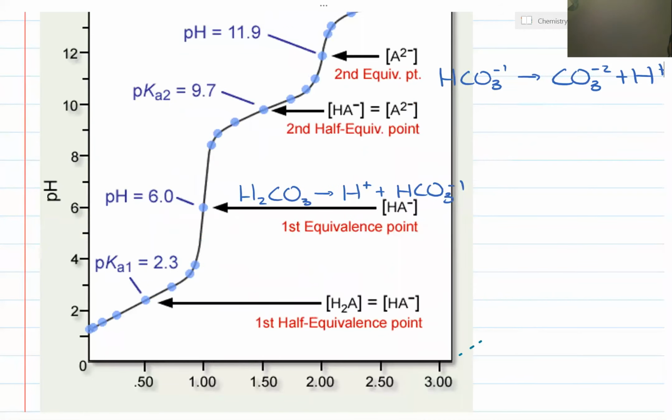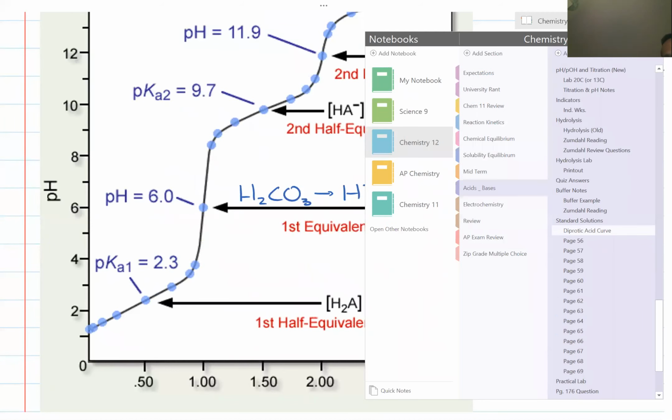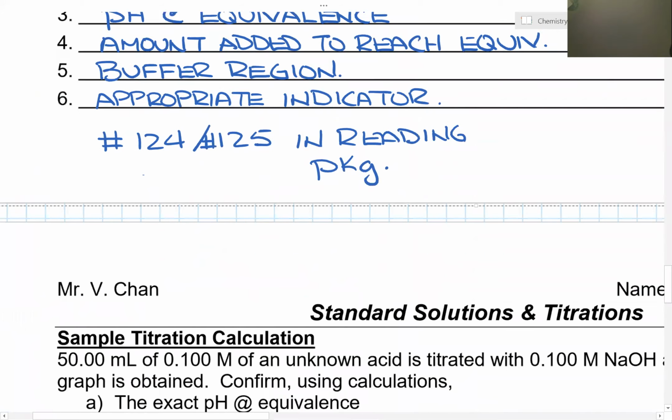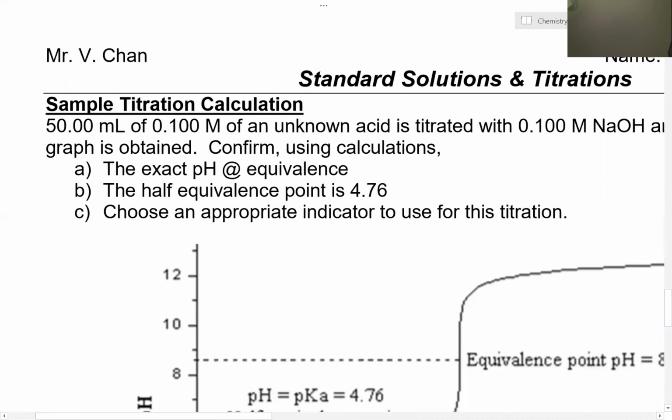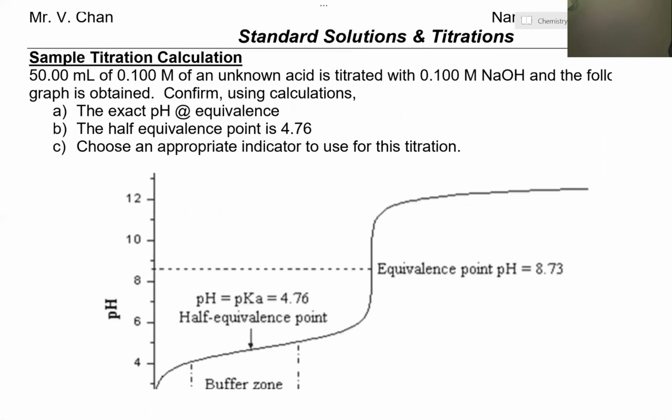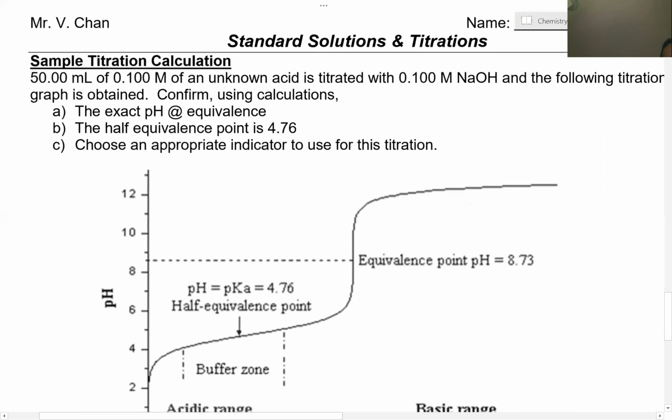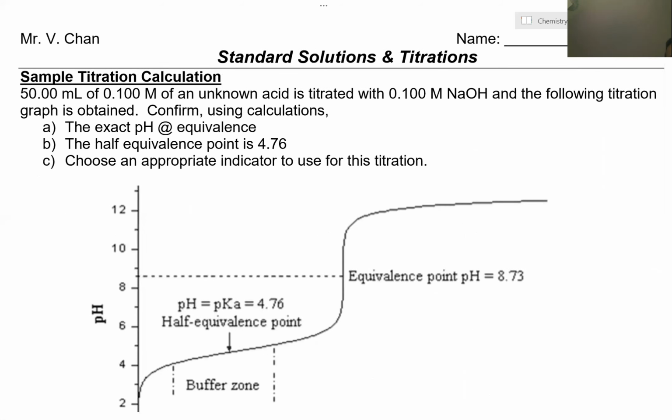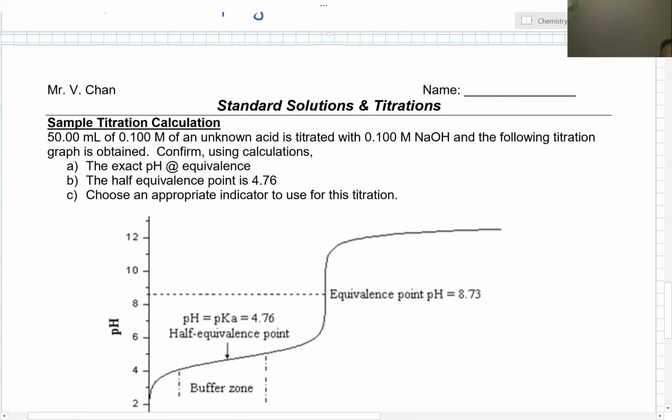All right, so what I want to do is approach this question at the end of your notes. It says a sample titration calculation. A 50 mL sample of 0.1 molar unknown acid is titrated with 0.1 molar NaOH, and the following titration curve is obtained.